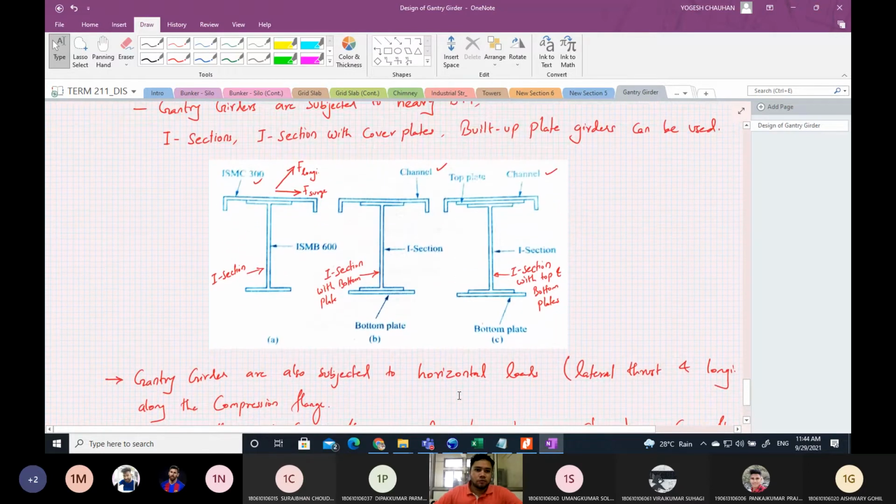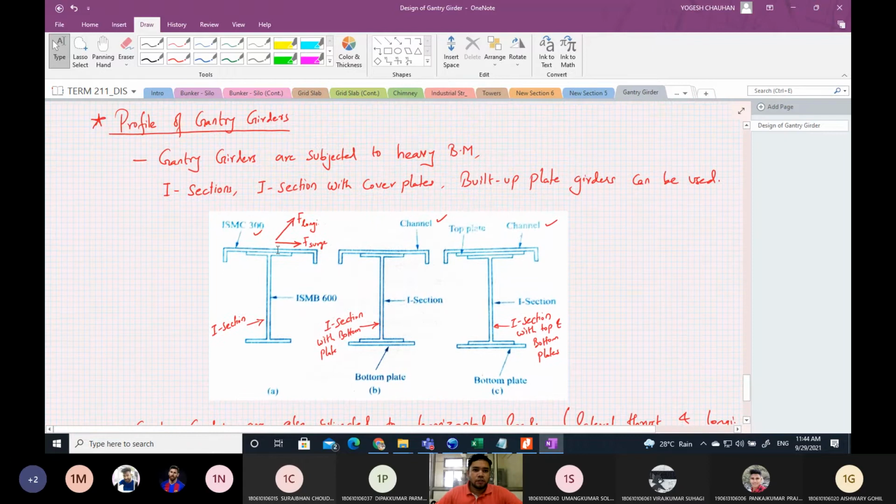So the profile of the gantry girder consists of an I section, rolled section, or a built-up section. Okay. So I section can be a rolled section or a built-up section.